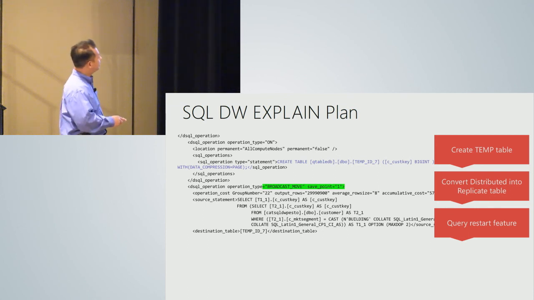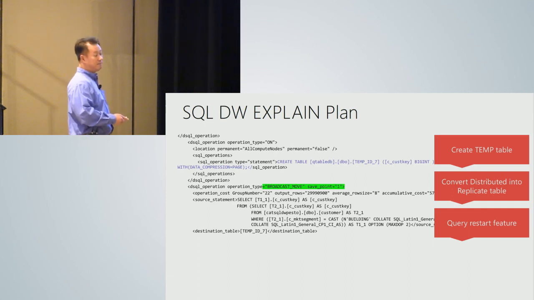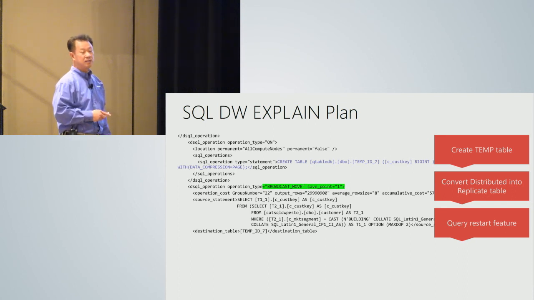One of the things you want to see is that when it does the data movement, make sure that it's moving only the columns and only the rows that it needs. There might be cases where you have very complex queries that the plan may not do that. In those cases, you may have to rewrite the queries to enforce that. One of the things we have here is that it's actually preparing for you, but basically this is getting us ready for query startability.